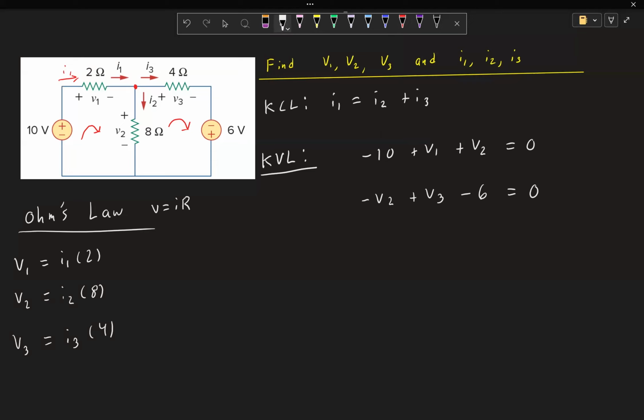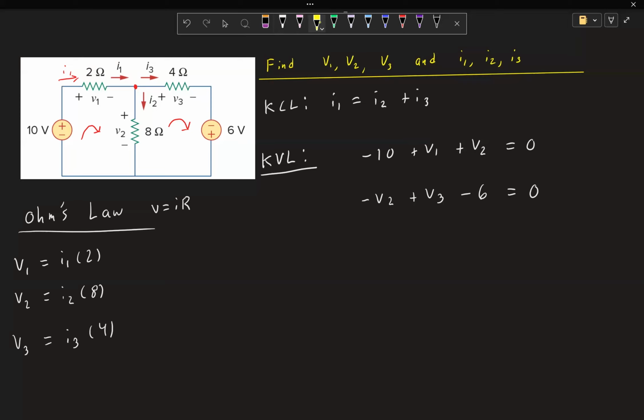So now we're going to take a step back and see what we're trying to solve for. We're looking to first either find all the V's or all the I's, because if we know one, we can solve for the other. So I'm going to solve for all of the V's first. And to do that, I need 3 equations, because if we have 3 equations with 3 unknowns, we can solve for them.